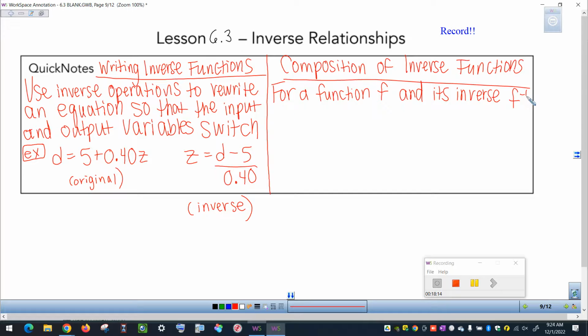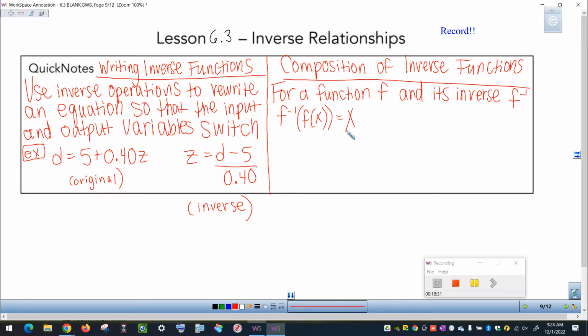What we just saw on the other side in the activity is that f inverse of f of x always equals x. Whatever original starting point you plug into your original function, you get an answer. If you take that answer and plug it into the inverse, you're undoing all the steps, so you get back to the beginning. It's always going to equal the same number.